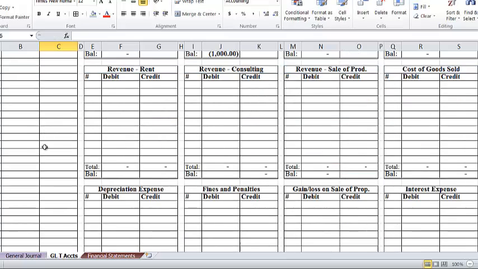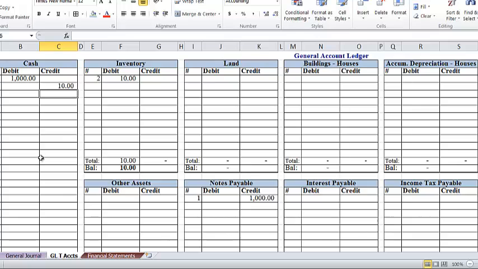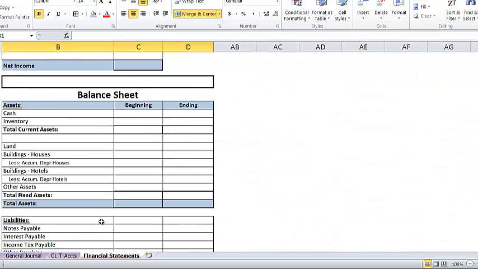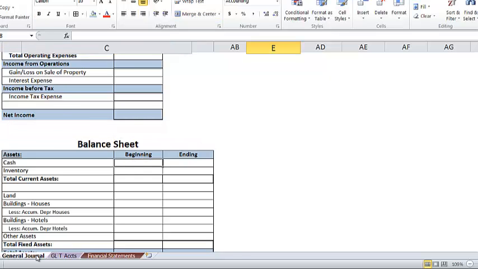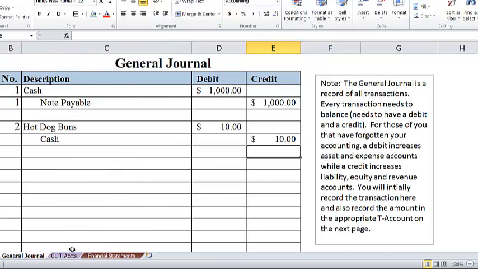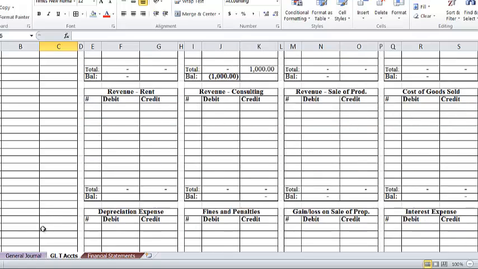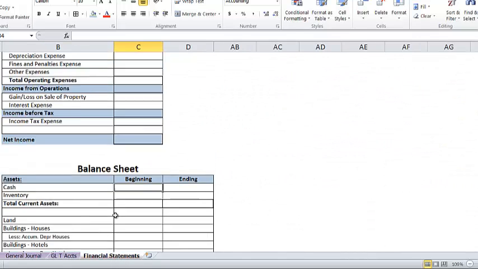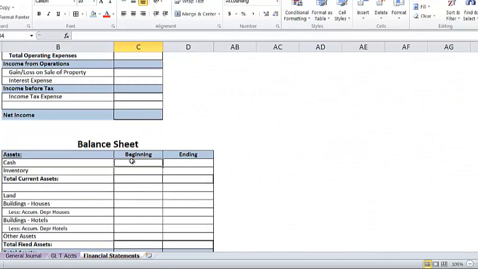Okay, there should be a sum down at the bottom. Now suppose that was the only thing that happened during the week. Then when I go to create my financial statements, I'm going to come over here and say, okay, cash, under my summary accounts, I have a remaining balance of $990. So I have cash of $990.